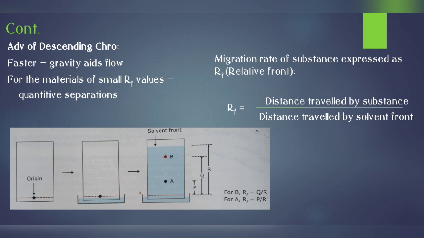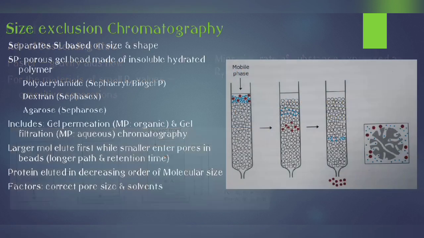This diagram represents the ascending flow. The solute placed at the bottom of the paper moves upwards. The migration of the molecule is described by the relative front, the ratio between the distance traveled by the substance to the solvent front.